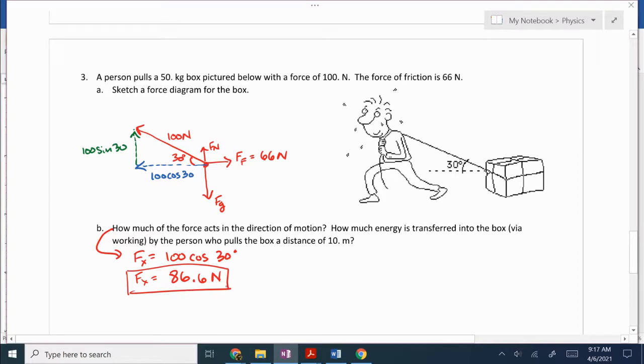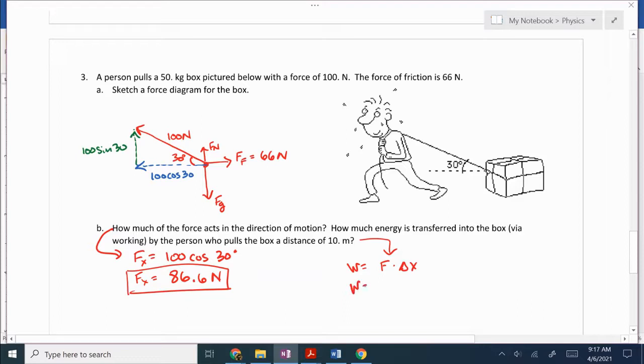How much energy is transferred to the box via work by the person who pulls the box at 10 meters? Okay, to answer that question, work is equal to force times delta x. Remember that force is only the force that is parallel to the direction of motion. We've already found that, that's the 86.6.